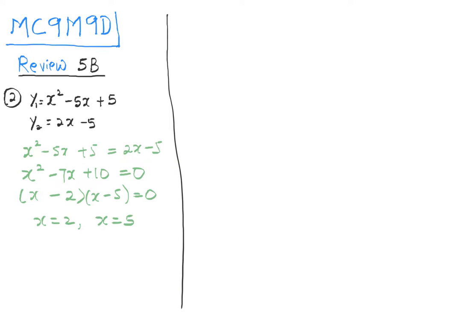So now I integrate from 2 to 5. The top curve is the blue one, 2x minus 5, minus the bottom curve, x squared minus 5x plus 5, dx.